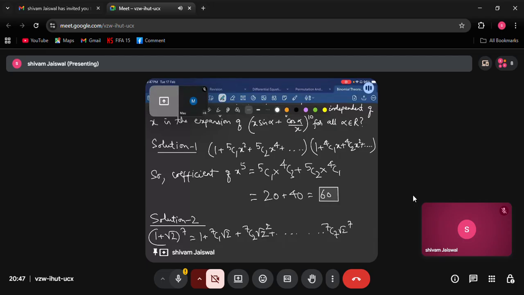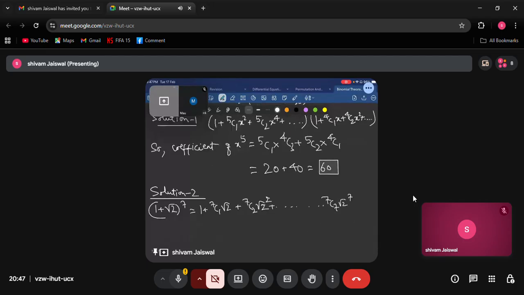Tell me, are you getting? Yes, sir. And (1 minus root 2) whole to the power 7 will be equal to 1 minus 7c1 into root 2 plus 7c2 into root 2 square minus dot dot. Lastly, it will be minus 7c7 into root 2 to the power 7.